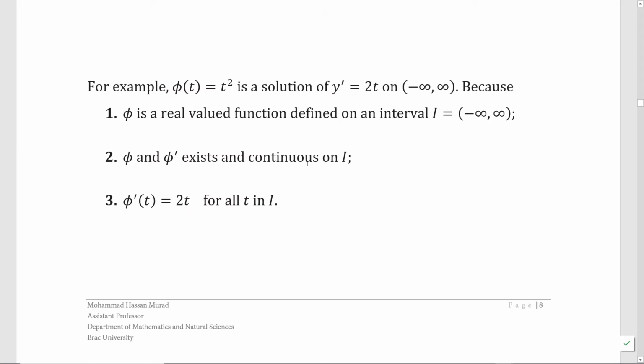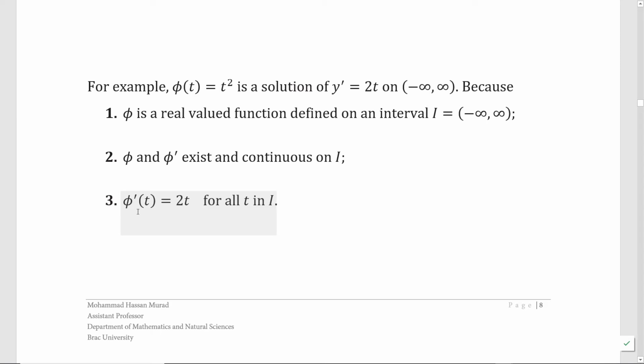For example, let's have a function phi of t equals t squared. This is a solution of the ordinary differential equation y prime equals 2t on the interval negative infinity to positive infinity, because phi is a real valued function defined on an interval. Both phi and phi prime exist and are continuous on the interval, and phi prime of t equals 2t.